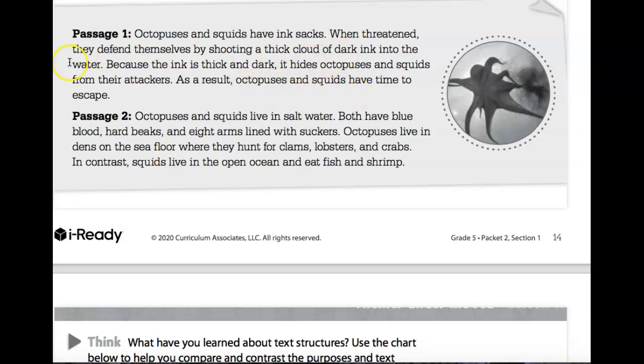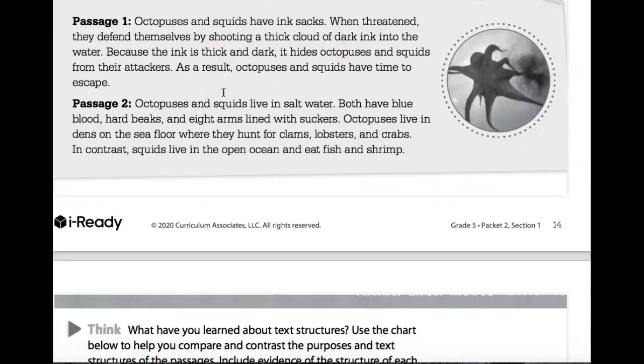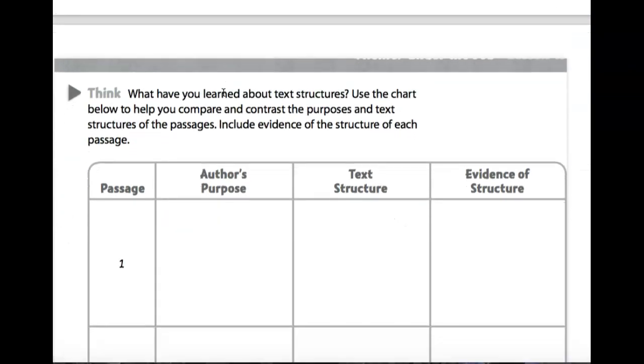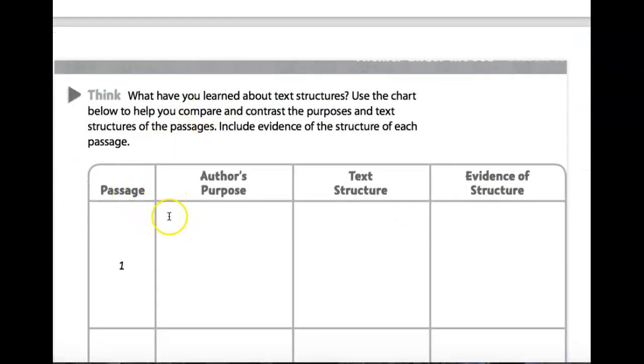And what they do with the ink, the thick cloud of dark ink that they shoot in the water, enables them to escape. So down here, let's see if I can put this.